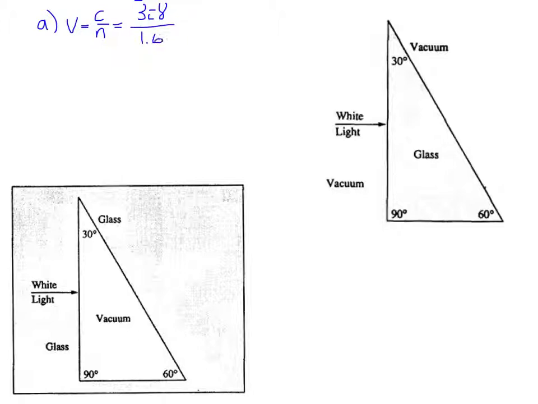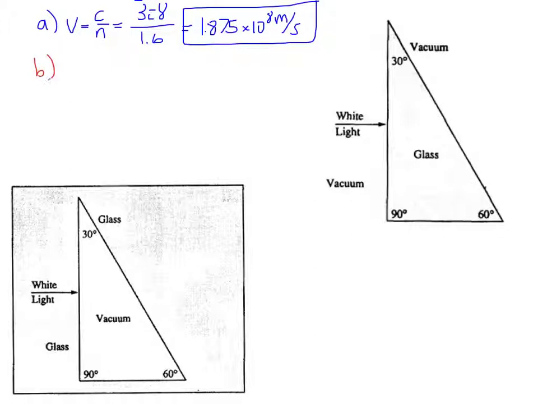So 3 times 10 to the 8th divided by 1.6 gives you a speed of 1.875 times 10 to the 8th meters per second.